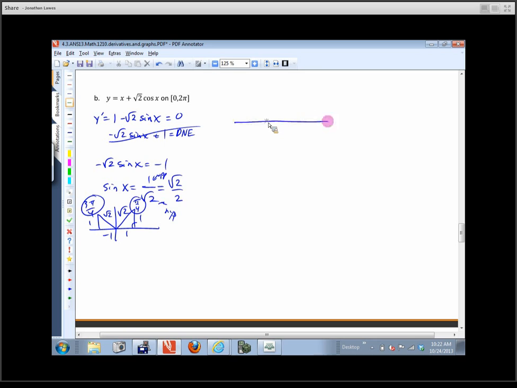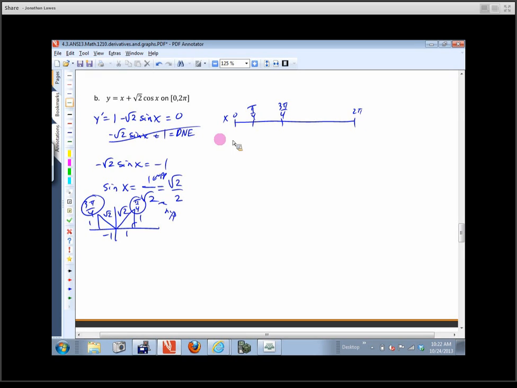So on the sine line, and again, these are x's, I'm going to put pi fourths right here. I'm going to put 3 pi fourths right here. And 0 and 2 pi are there because they're endpoints. We don't really care about that because it doesn't say find maxes or mins. It just says identify intervals of increase or decrease.